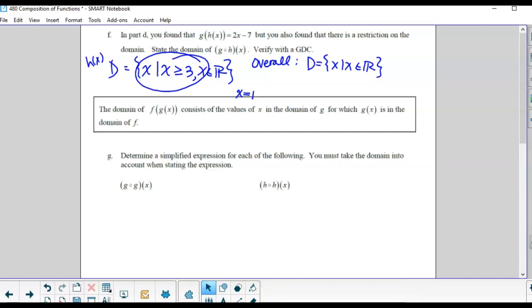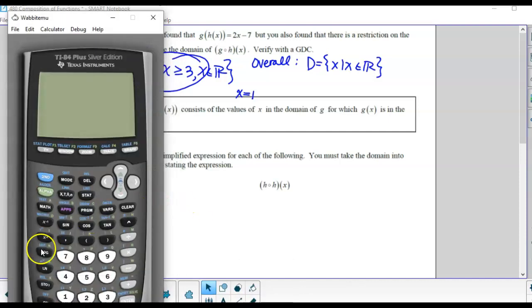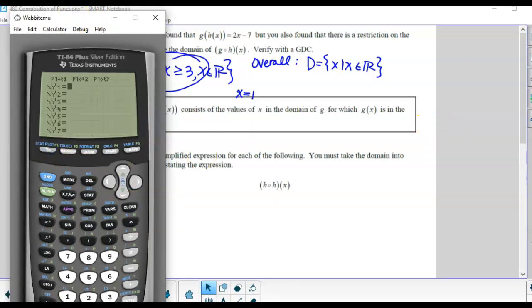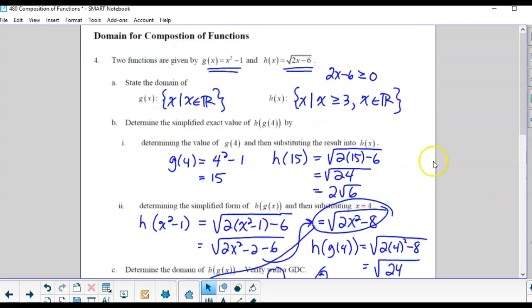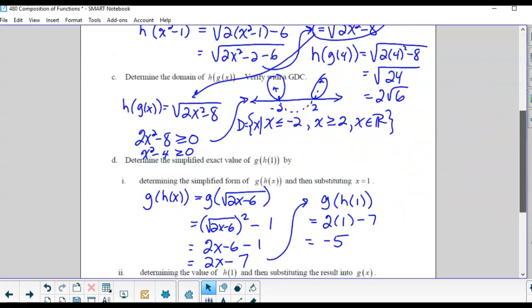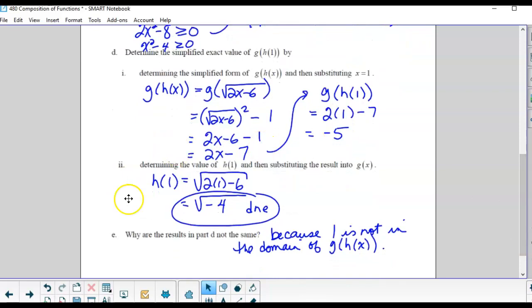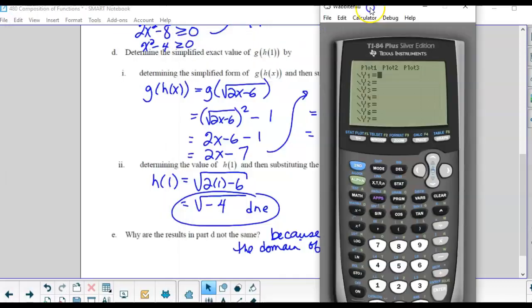Get out your calculator and let's graph it. The biggest thing here, the calculator is good for composition of functions if you enter the composition without simplifying it. So if we go back to D, part 1, and just move this over.